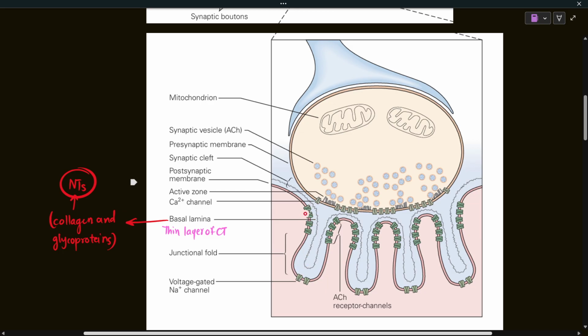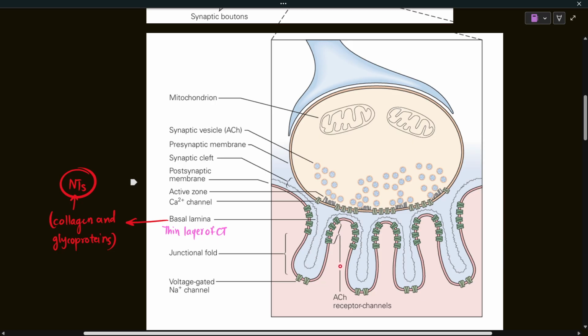The acetylcholine receptors basically have two parts: the acetylcholine binding part and the ion channel, the pore forming part of the protein. These are transmembrane proteins. Once acetylcholine binds, the ion channel opens and allows ion influx, which changes the voltage of the postsynaptic membrane. That change in membrane potential is known as the end plate potential.